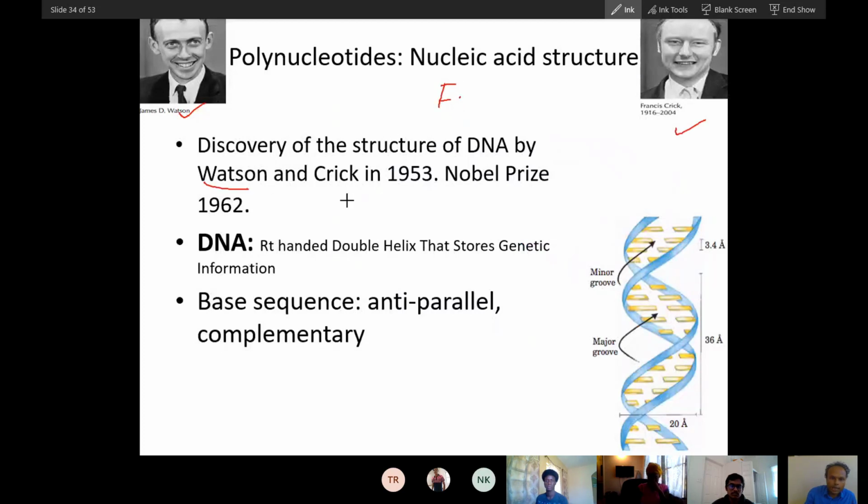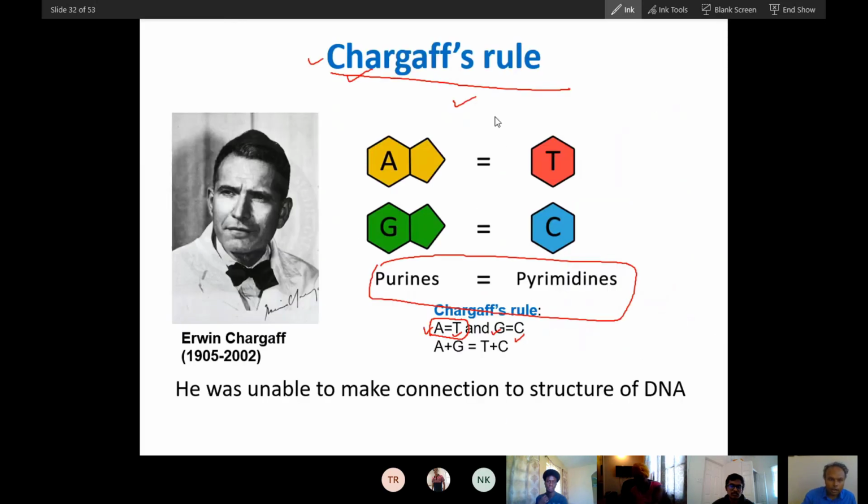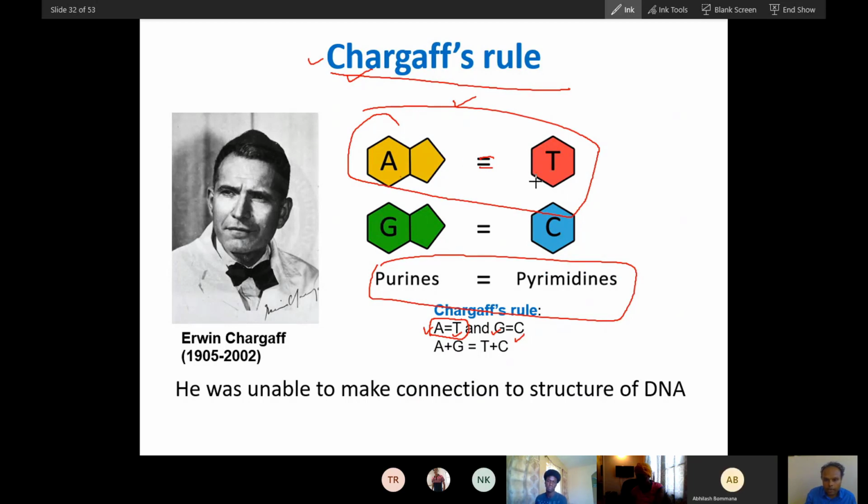Watson and Crick discovered the double stranded model based on his finding on base pairing: purine pairs with pyrimidine, adenine with thymine, and guanine with cytosine.